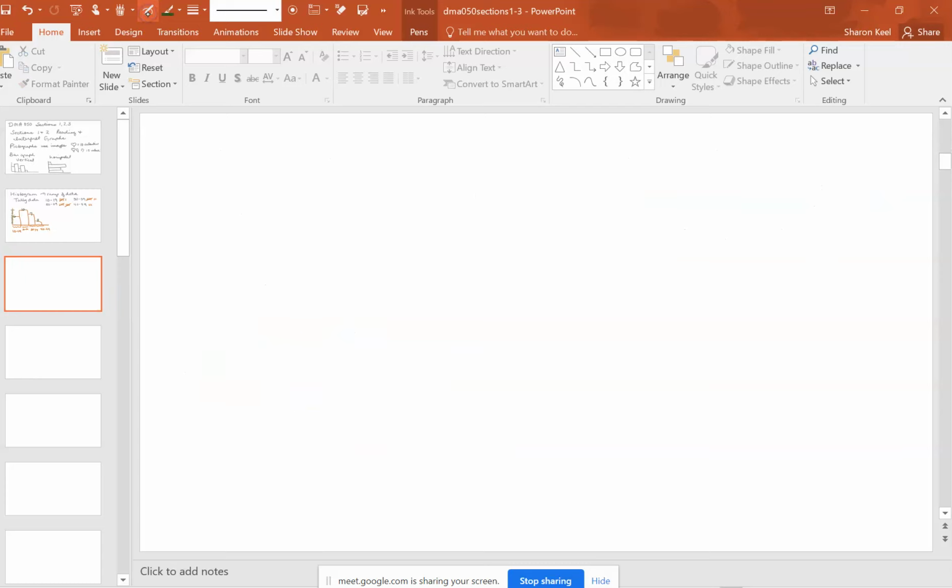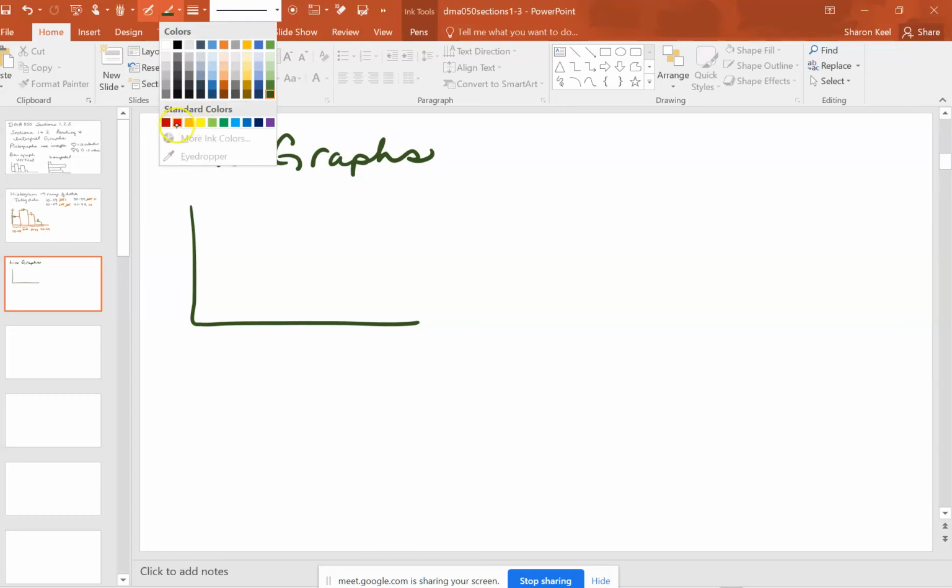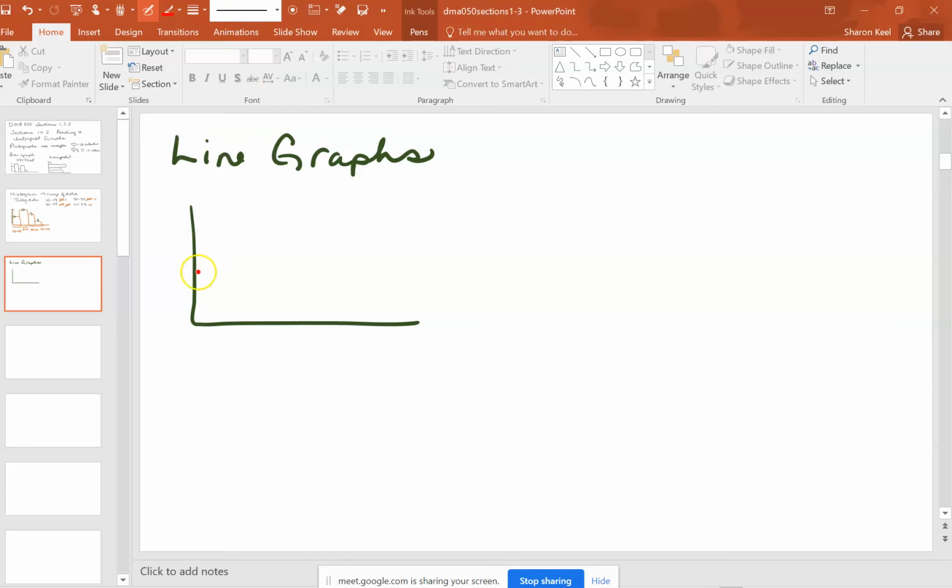Another type of graph that we look at is what's called line graphs. I'm sure you're familiar with a line graph. Line graphs oftentimes represent data from various different areas. You may have a line graph to show increase and decrease.